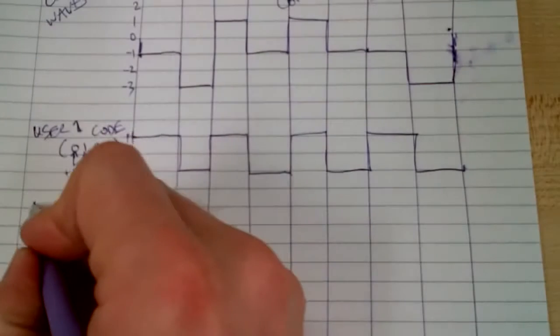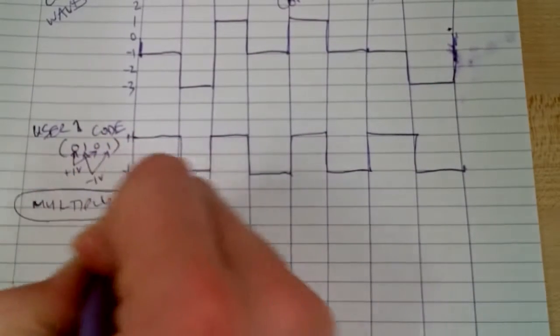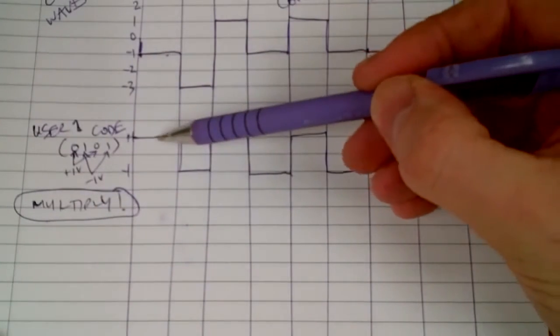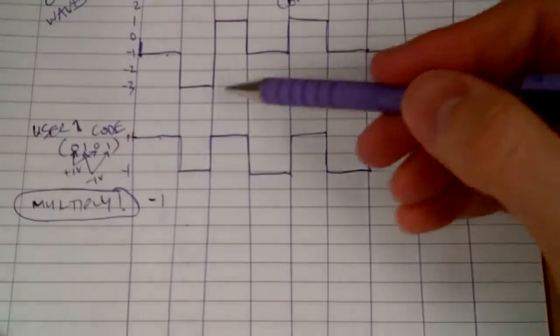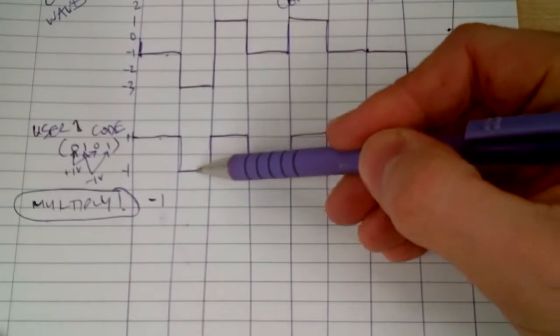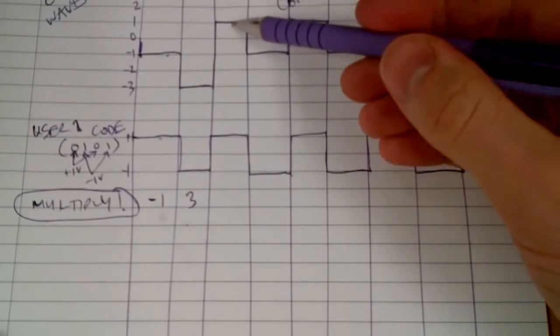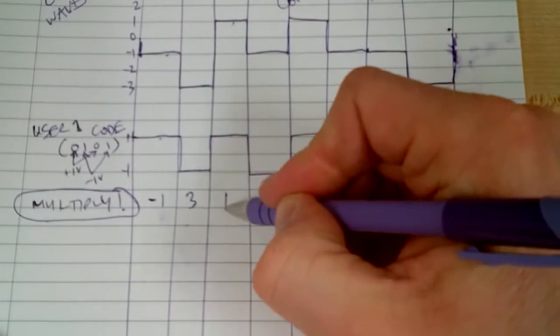Then we multiply them. So we have -1 times +1, we end up with -1. We have -3 times -1, we end up with +3. We have 1 times 1, 1.